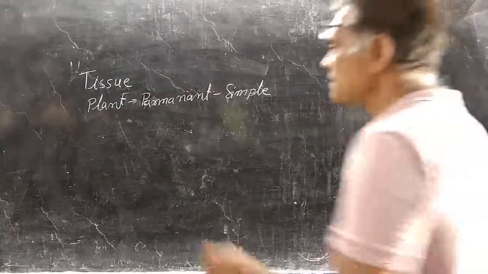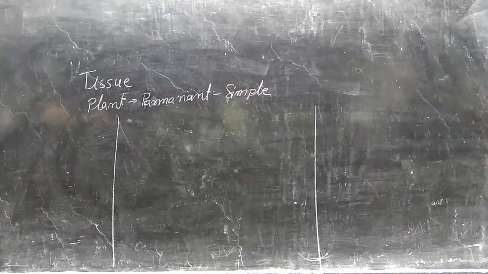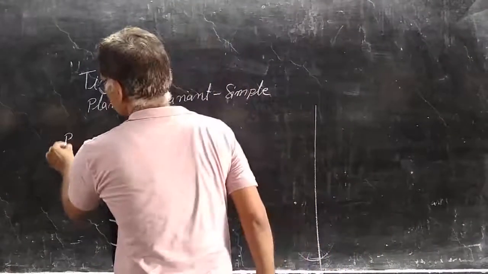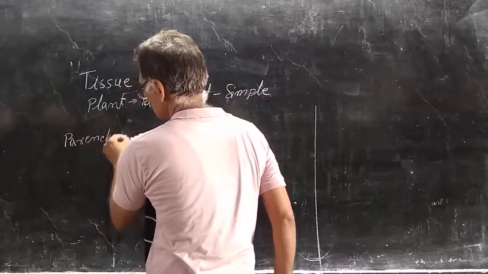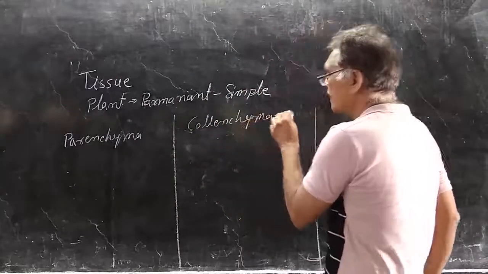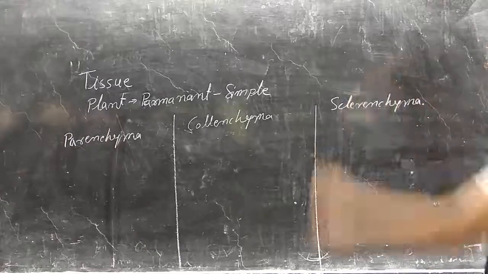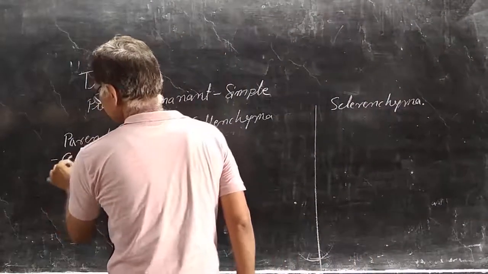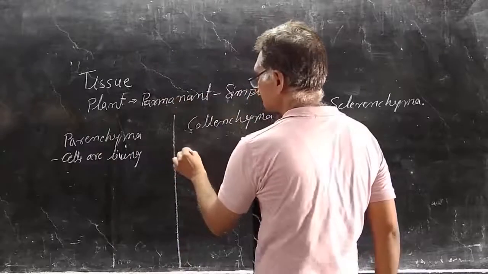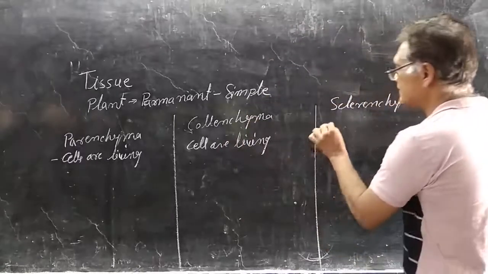If we see the difference between these three types of simple tissue, that is parenchyma, collenchyma, and sclerenchyma: the cells are living in parenchyma and collenchyma, while in sclerenchyma the cells are dead.